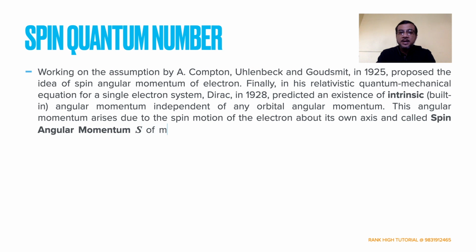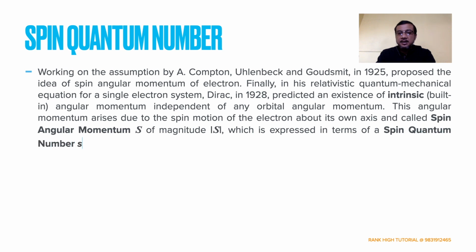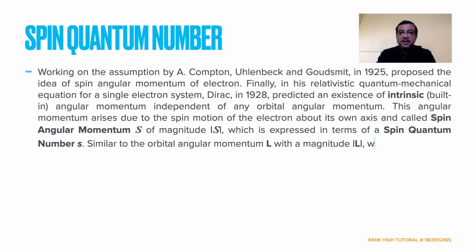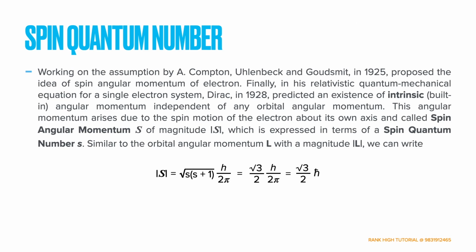Similar to the orbital angular momentum capital L, we can write mod of capital S is equal to square root of small s into s plus 1 into h by 2 pi, which is equal to root 3 by 2 into h by 2 pi, which is also equal to root 3 by 2 into reduced Planck's constant.